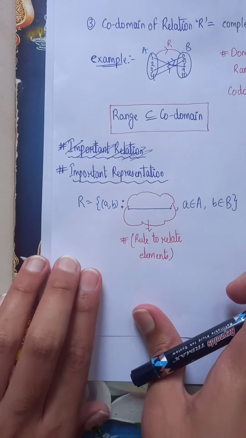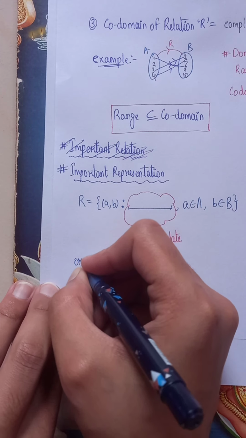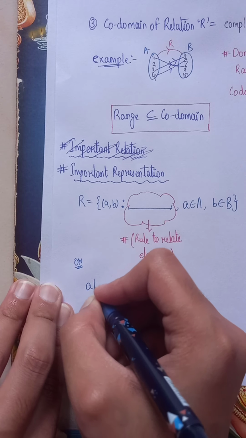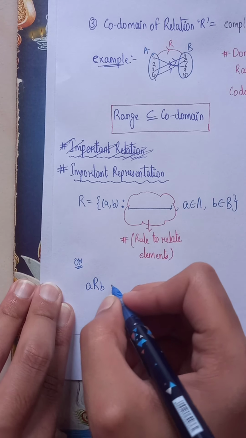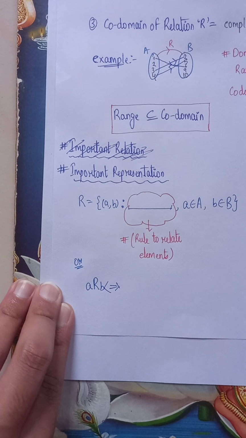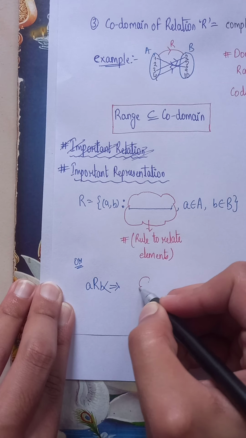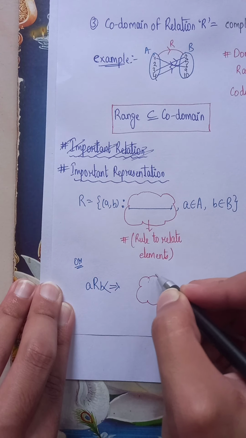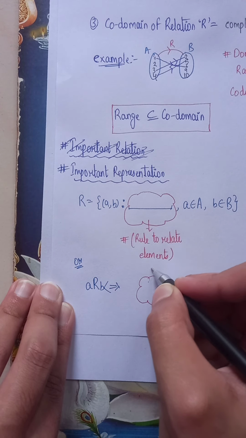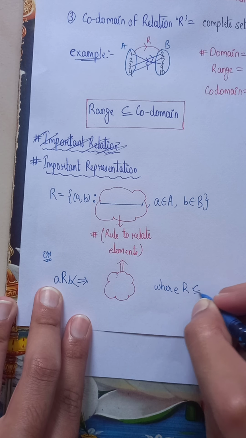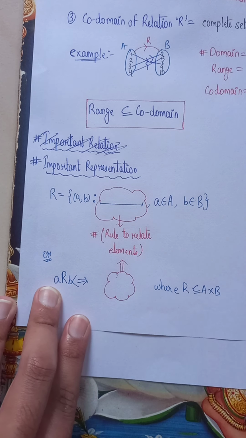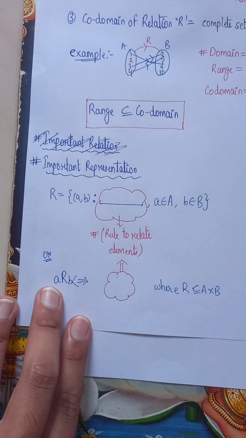Or you can also write it like this: small a, capital R, small b. It also implies the same, the rule to relate the elements, where this capital R is a subset of A cross B. Okay, so this is an important representation.